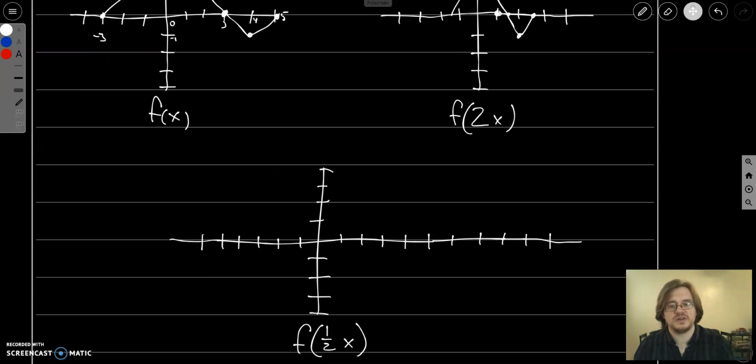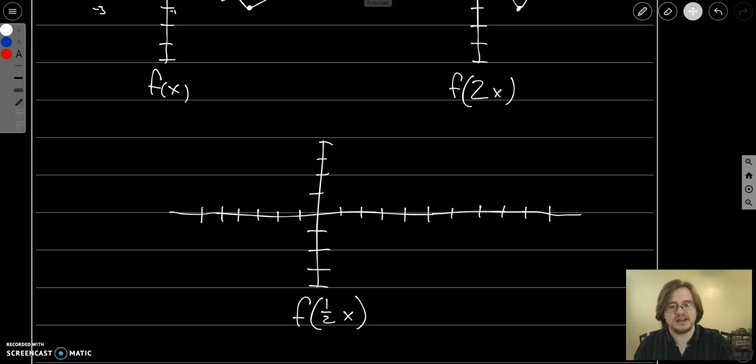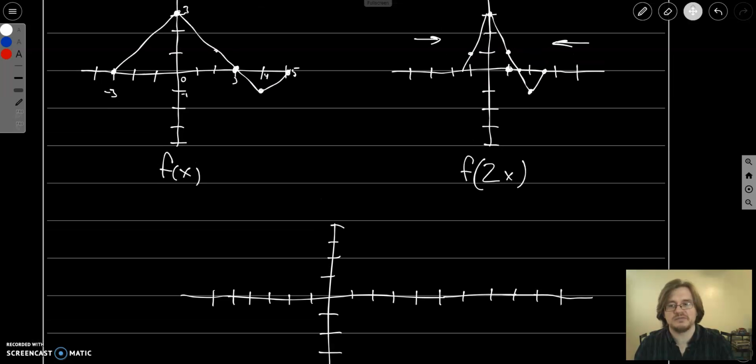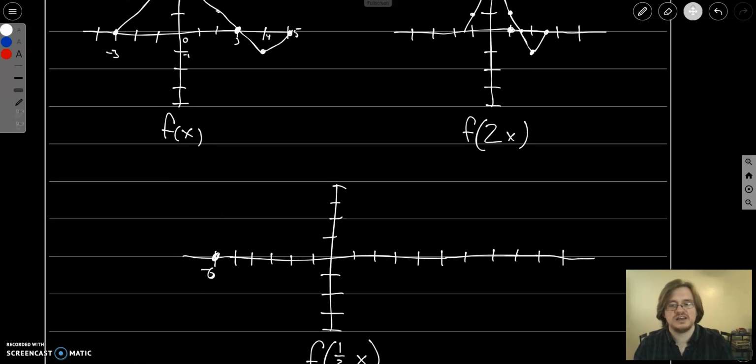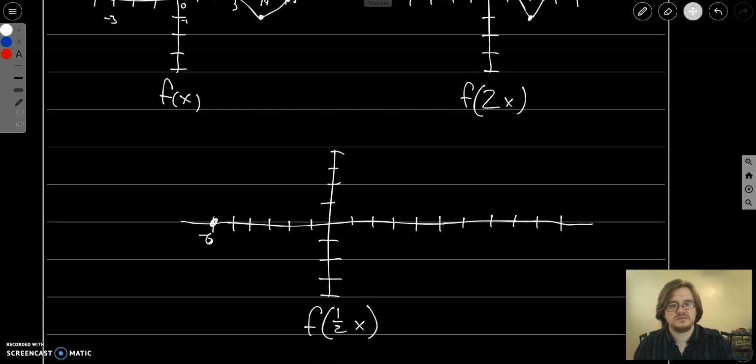If we were to multiply by 1/2 on the other hand, now we're going to stretch everything. So whereas on this left-hand side, -3 is where we're at 0. Now, since we're multiplying by half, we're going to be at 0 at 1, 2, 3, 4, 5, -6. So we're stretching this by a factor of 2.